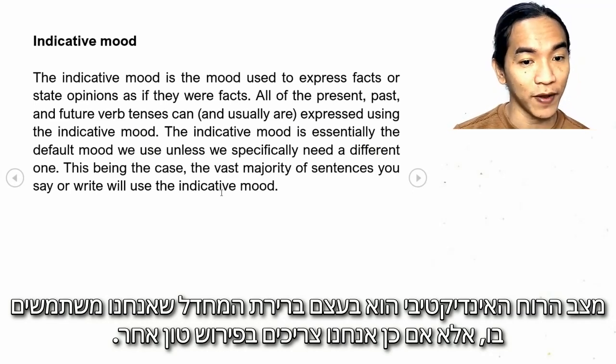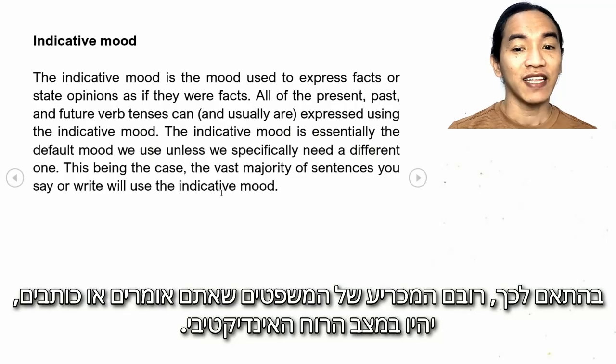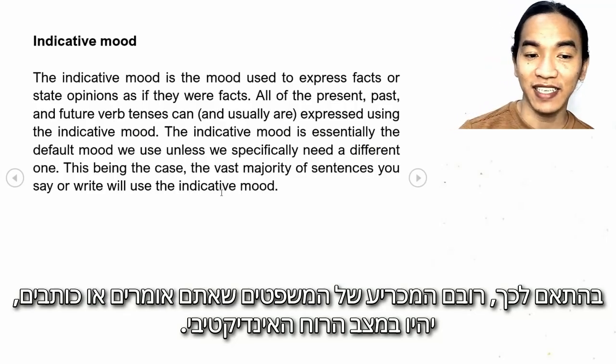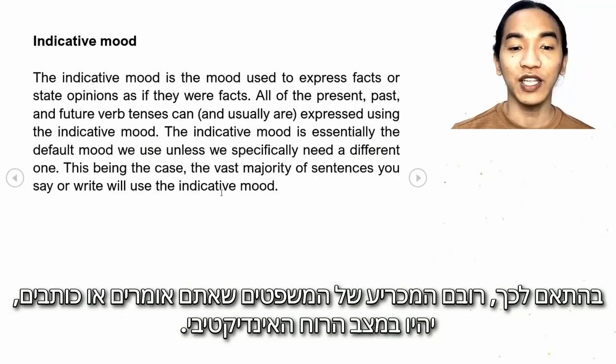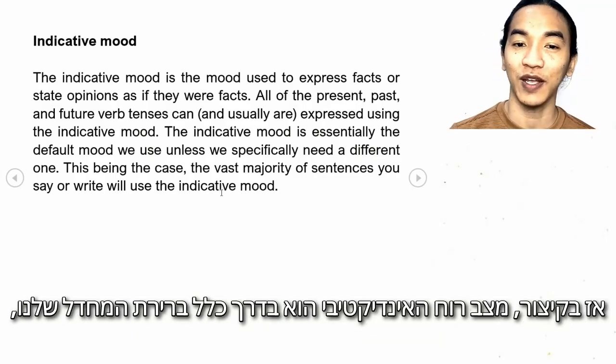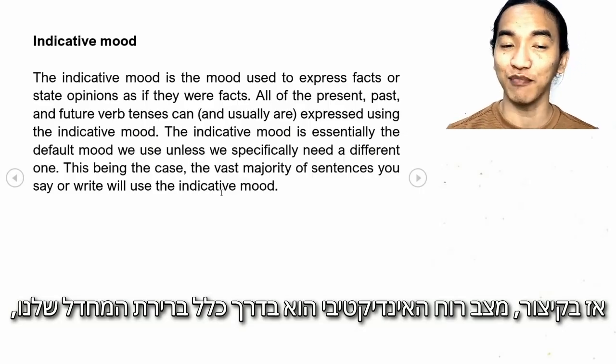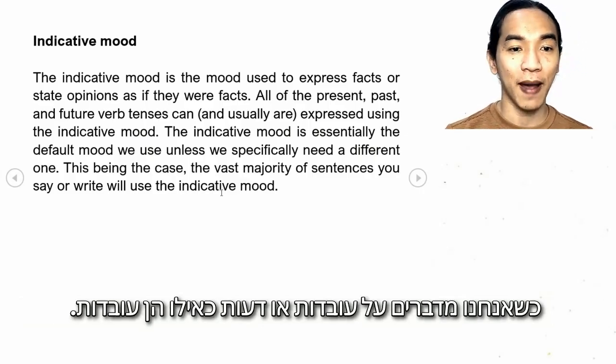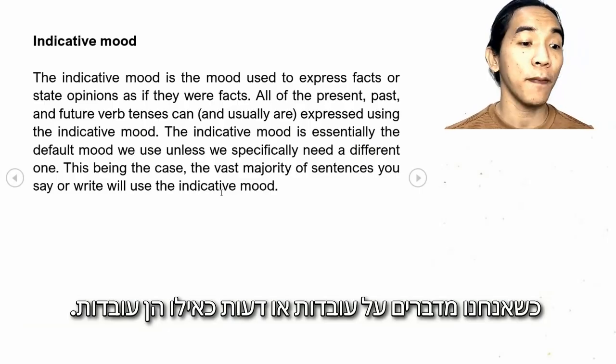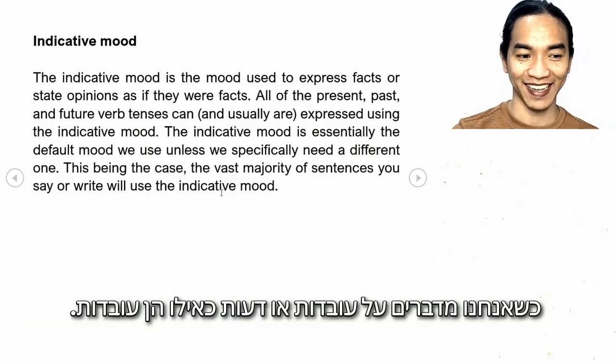This being the case, the vast majority of the sentences you say or write will use the indicative mood. So, in short, indicative mood is usually our default mood when we are talking about facts or opinions as if they were facts.